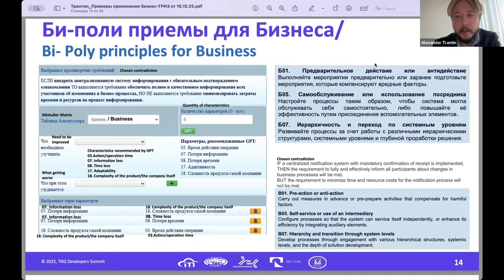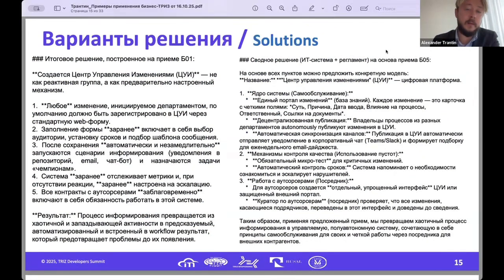There are several here on the right. The most popular approaches that can be used for conflicting parameters: action or anti-action, self-service, or use of an intermediary or agent. What is next? We have some approaches, and you can generate a solution. Of course, you can use those available resources.